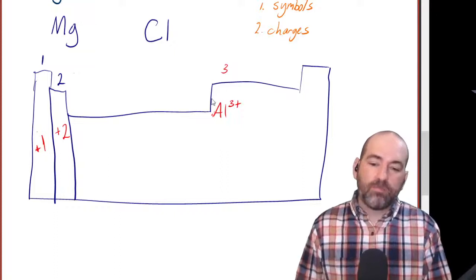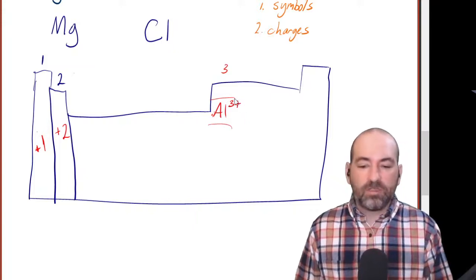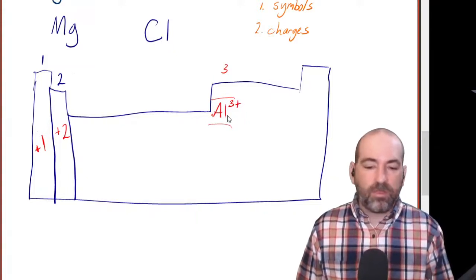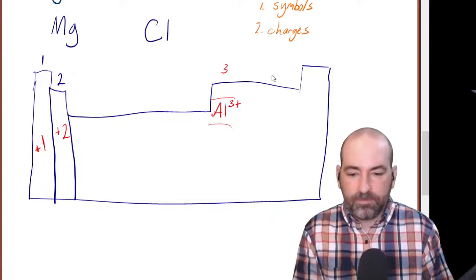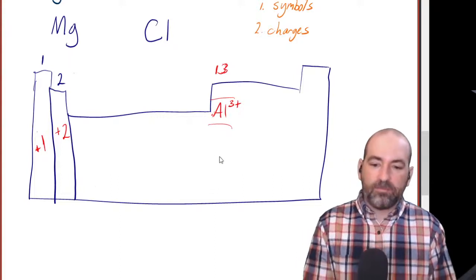Unfortunately, boron just above it and the atoms below it don't quite work out so nicely. But aluminum is important enough that we should remember that it's generally +3. I believe actually that's column 13, not 3. So we're just ignoring all this middle stuff for now.